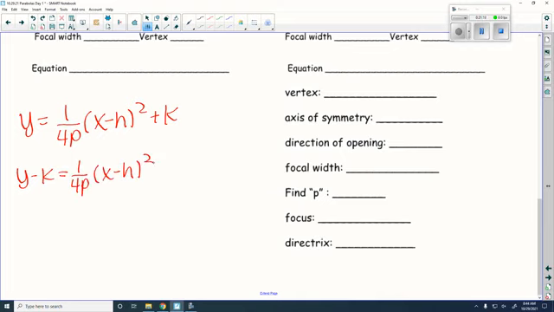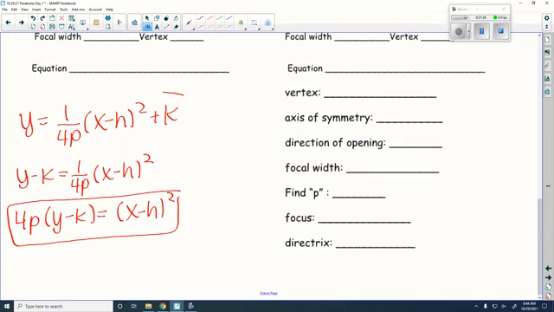And then if I multiply by 4p on both sides, so this and this are the same, just rearranged. The reason I show you this is because we like the top one, but you could be given this bottom one.